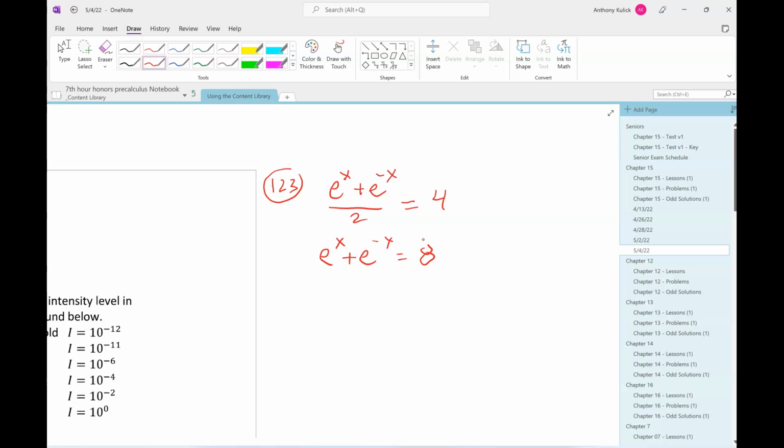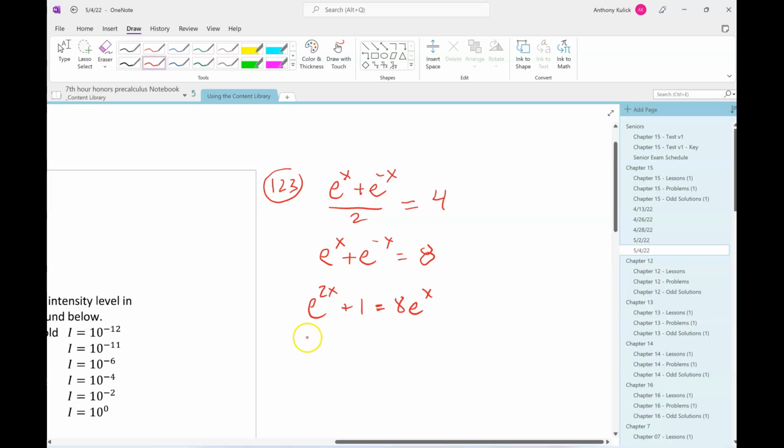Next thing we want to do is multiply both sides by e to the x to get rid of the negative exponent. So e to the x times e to the x is e to the 2x. E to the negative x times e to the x is e to the 0, or 1. Jacob, you good with all that?